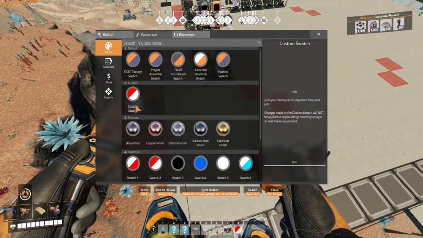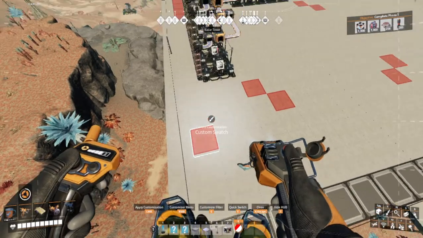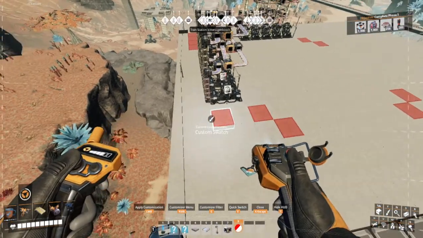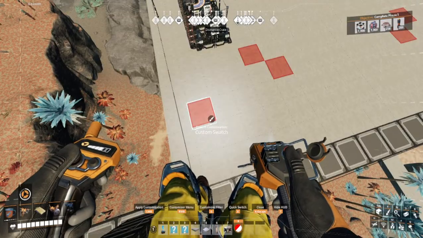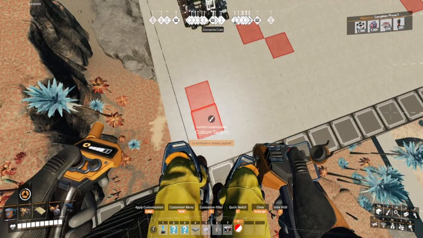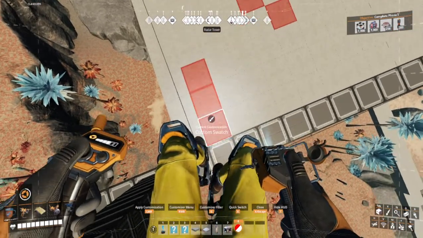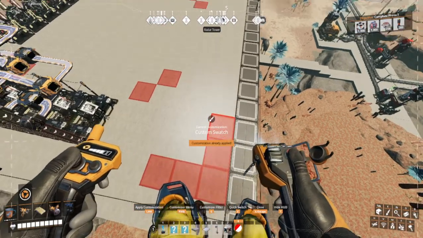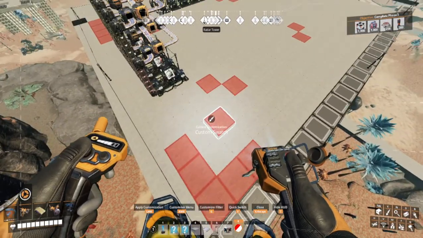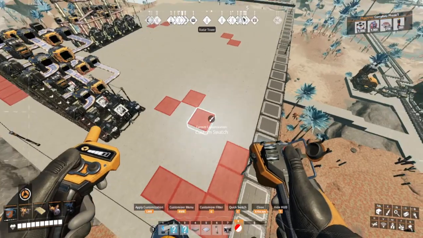And the red paint. Is that 1, 2, 3? 1, 2, and on the third one. And then on the third one, right? Yeah. 1, 2 space. And on the third.